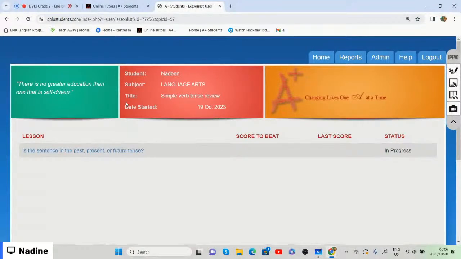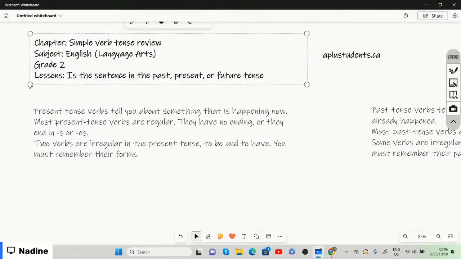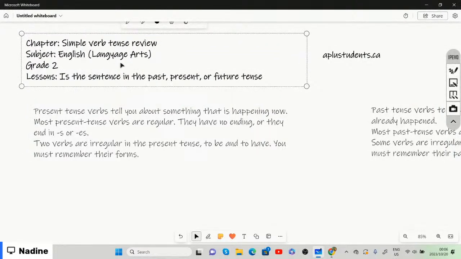So our chapter is simple verb tense review, our subject is English, which is language arts, grade 2, and our lesson is: is the sentence in the past, present, or future tense?